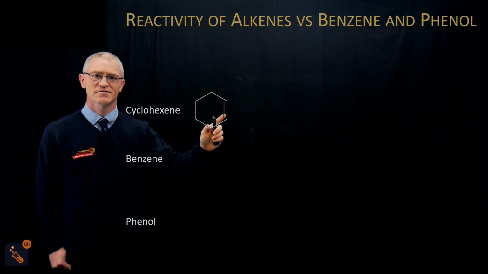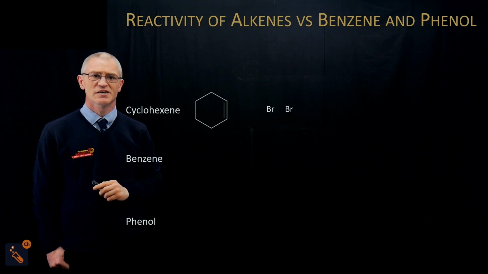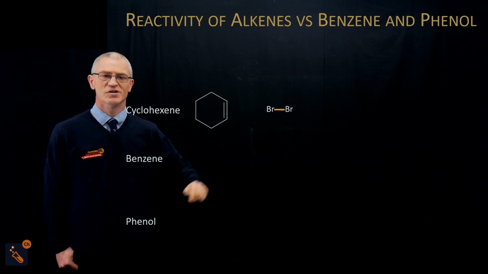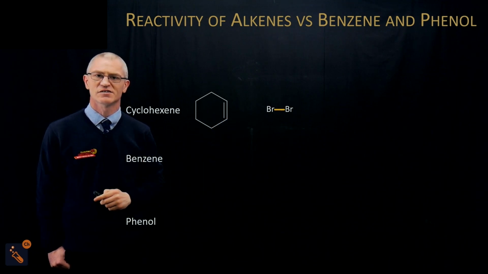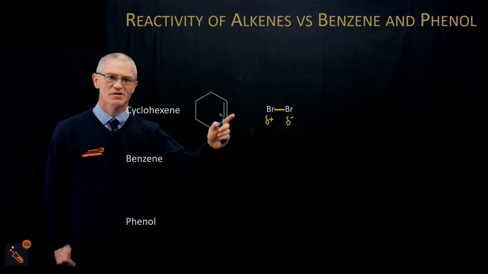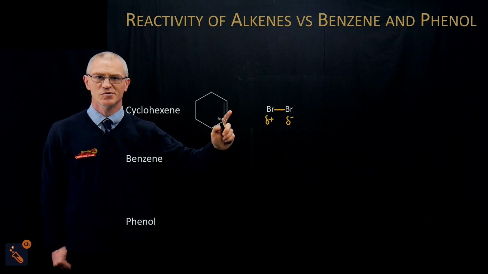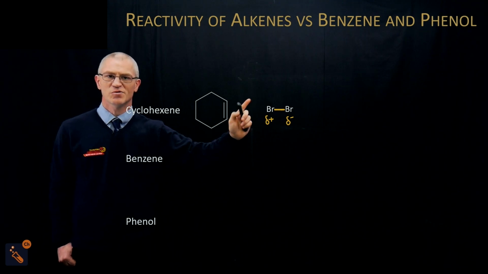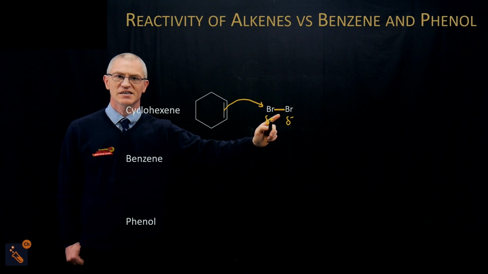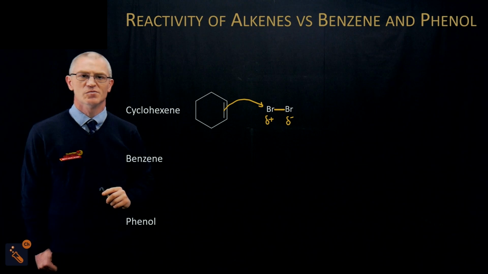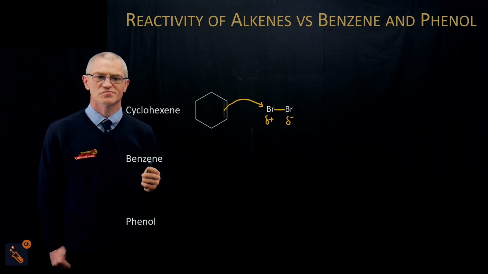So cyclohexene, okay, it's got that double bond. Now, if you remember the mechanism of this, which is electrophilic addition from right at the organic start in usually the AS year. I put a dipole on here because the bromine is coming towards the double bond. The double bond is negative and therefore it repels the electrons in this bond away, making this dipole. This dipole then creates the electrophile and the electrons from the double bond come out to form a bond with one of the bromines.